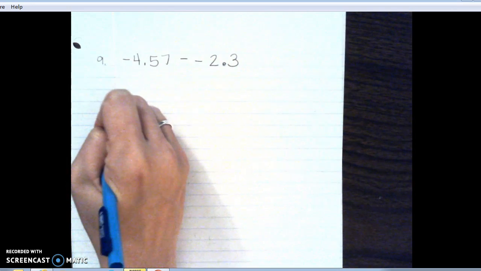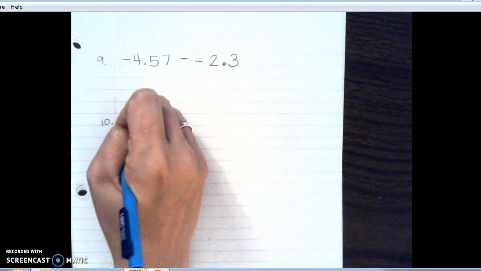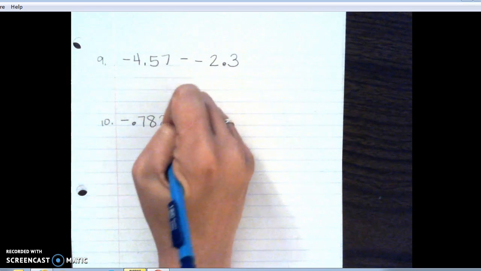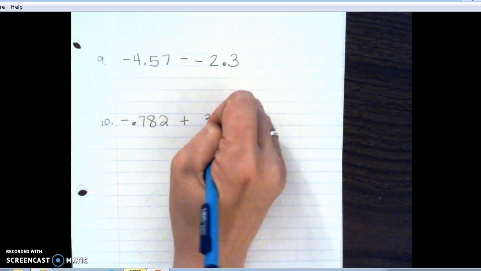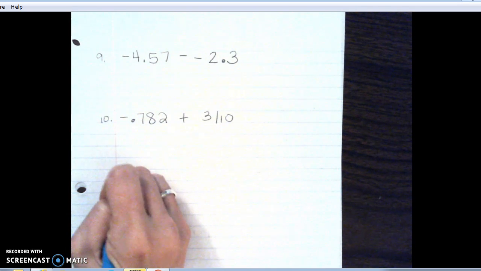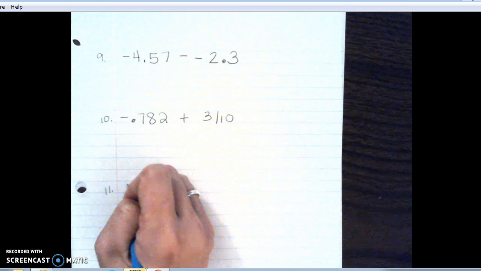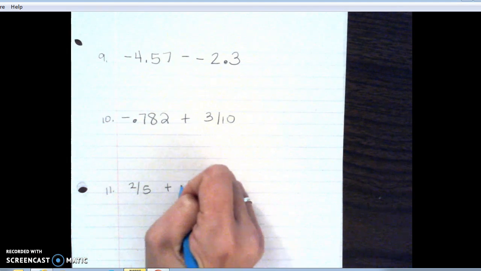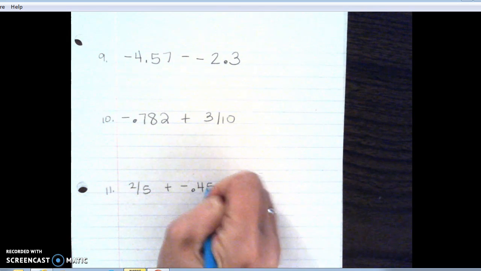Number 10, we're going to do negative 782 thousandths plus 3/10. And number 11, we're going to do 2/5 plus negative 456 thousandths.